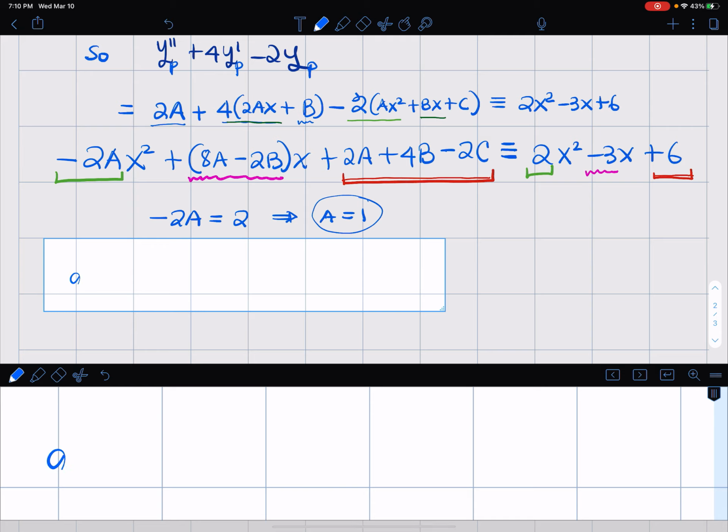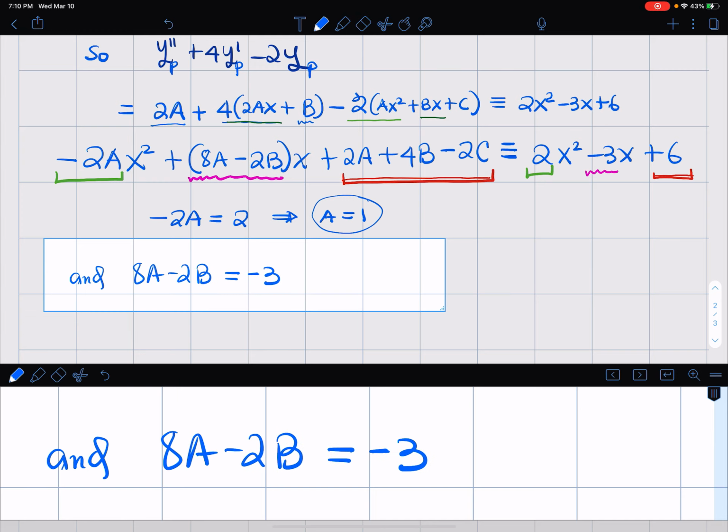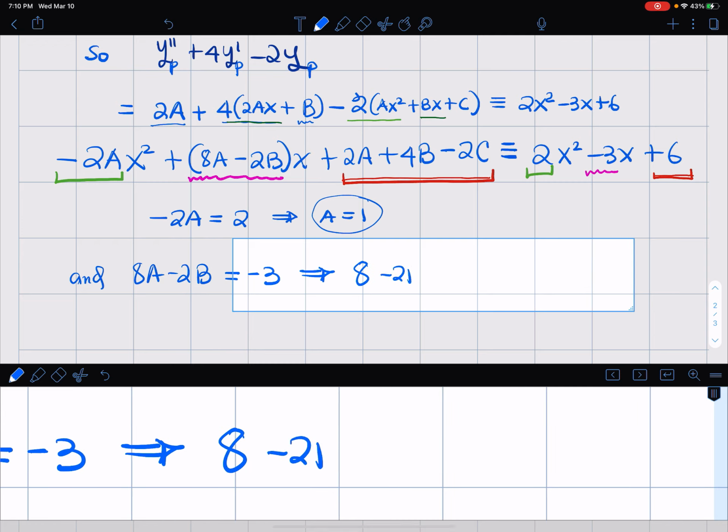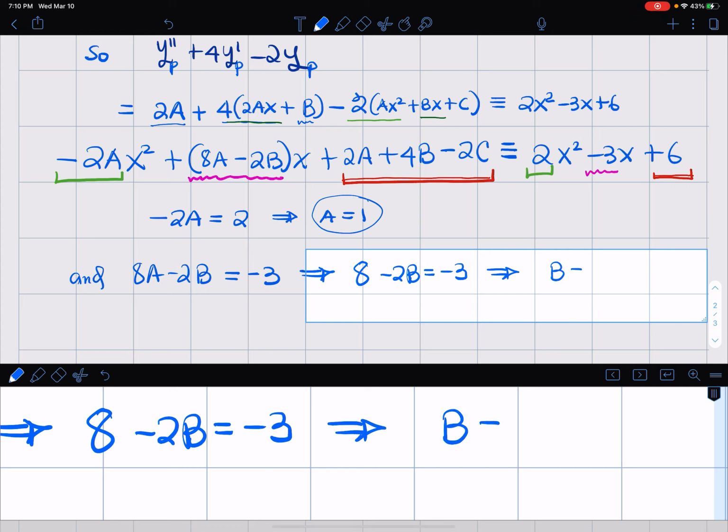And then we also have that 8a minus 2b is equal to negative 3, but a is 1, so it just becomes 8 minus 2b is equal to negative 3. If you solve for b, you get that b is equal to 5 over 2, right?